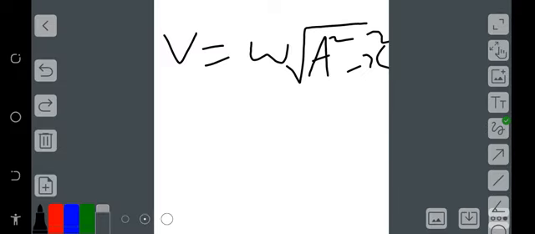The V here is the linear velocity, we know that. Omega is the angular velocity. The a here is the amplitude, and the x is also a distance, in meters also, but you're going to understand it better when we start solving the question.